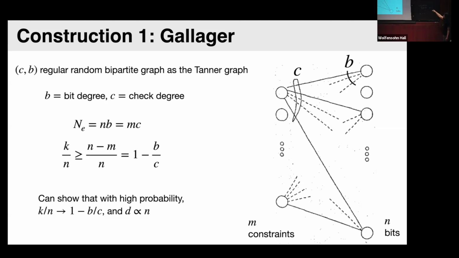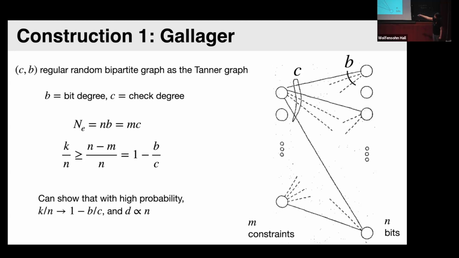Apart from this, the graph is totally random. Now, you can do a quick counting. The number of edges in this graph is n times b, because you have n nodes here, each with b edges coming out of it. But that's also equal to m times c, because we have m constraint nodes here, each with c edges coming out.